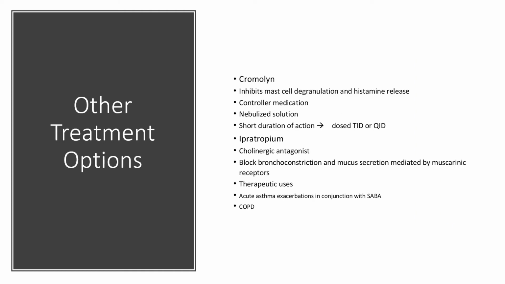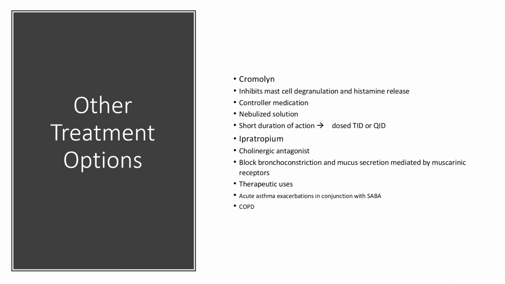Other treatments, we've got cromolyn. Again, I don't see this in practice often. It inhibits mast cell degranulation and histamine release. It's used in a nebulizer. It's short duration of action.